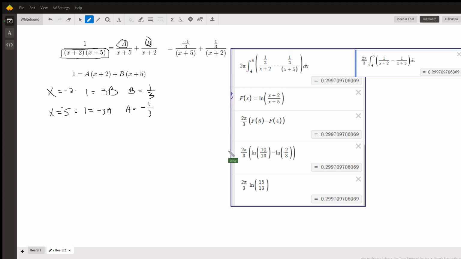And I'll let you follow along here real quickly. If we factor out a 1/3, that makes it a little bit easier to see. The antiderivative of 1 over x plus 2 is ln of x plus 2. Since we're going from 4 to 8, minus ln of x plus 5.